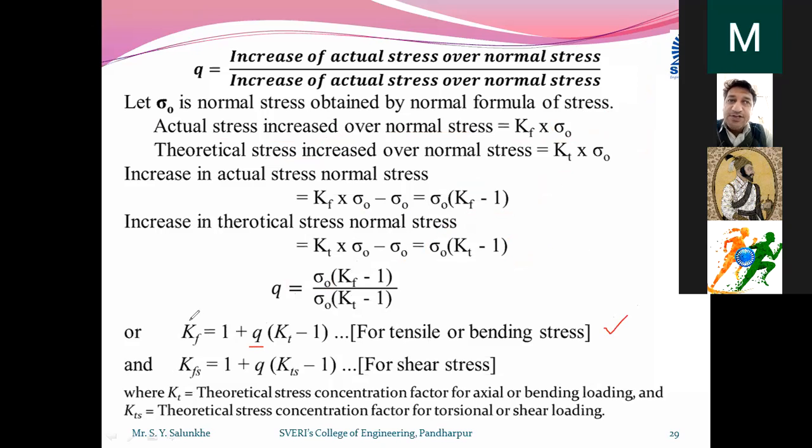And for shear, the same value is calculated as 1 plus q into Kts. Now the theoretical stress concentration factor in case of tensile and bending is somewhat smaller as compared with the shear. That's why we have to take a different formula, or different stress concentration factor, for torsional or shear stress.